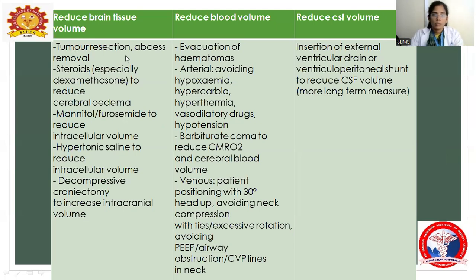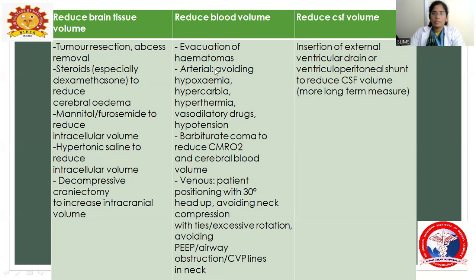The methods include tumor resection, abscess removal, steroids, especially dexamethasone to reduce cerebral edema, mannitol or furosemide to reduce intracellular volume, hypertonic saline to reduce intracellular volume, and decompressive craniectomy to increase intracranial volume. To reduce the blood volume: evacuation of hematomas.